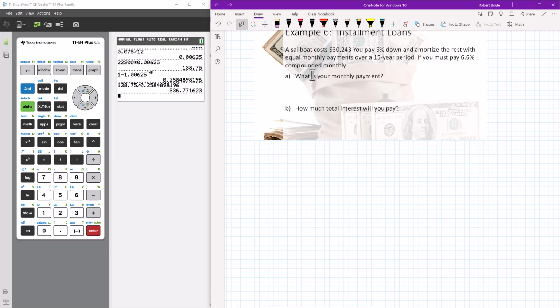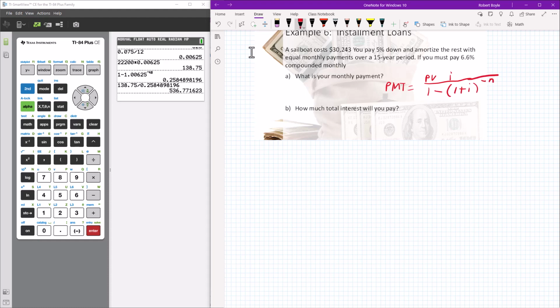Okay, and the next thing we want to figure out is how much total interest we will pay. Now, your monthly payment, once again, we will figure out using the amortization formula, which is that your payment is equal to your present value times I divided by 1 minus the quantity 1 plus I raised to the negative n power.